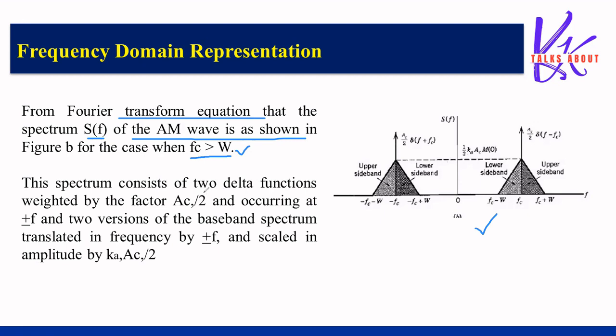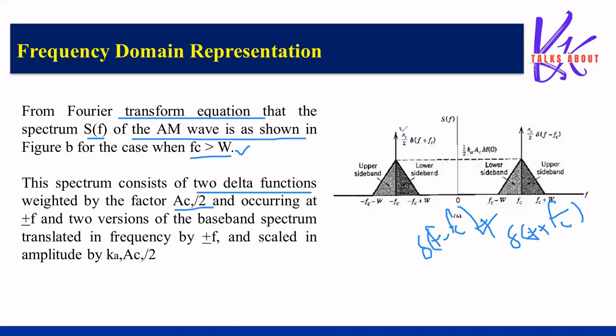So the spectrum consists of two delta functions. One is delta of f minus fc, which we have seen in the previous equation, and the other is delta of f plus fc. So the frequency domain representation has two delta functions, weighted by a factor of Ac by 2.